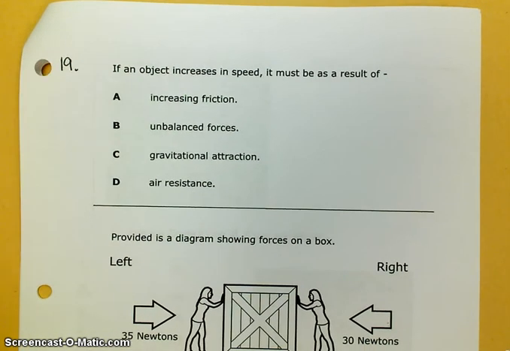Number 19, if an object increases in speed, it must be the result of what? If an object increases speed, that is speeding up, slowing down, or changing direction. That's a form of acceleration. And if you are accelerated, that is because there are unbalanced forces acting. So we need to find an answer that says unbalanced forces.